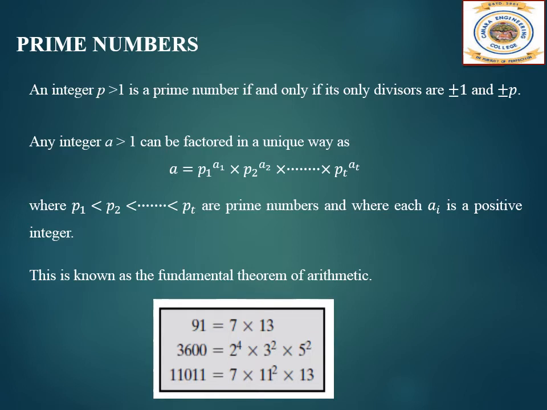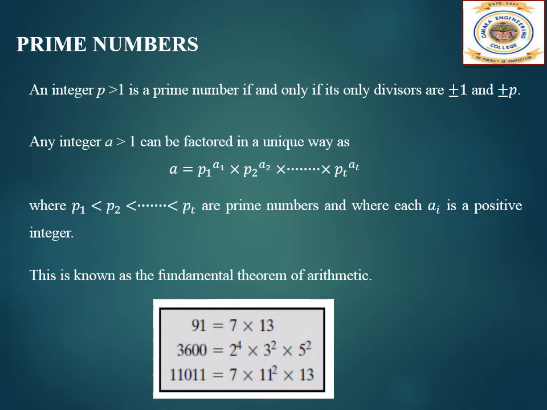Here you can see an example. 91 I can factor as 7 × 13, that is 7^1 × 13^1. Similarly, if I take 3600, I can write it as 2^4 × 3^2 × 5^2. You can observe here 2, 3 and 5, all three are prime numbers, and the powers 4, 2 and 2 are positive integers.